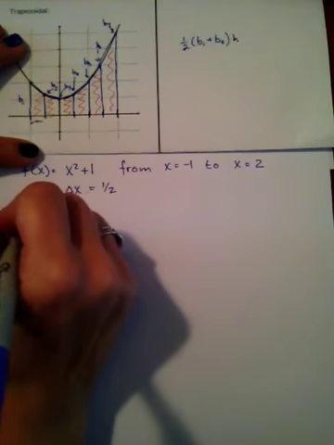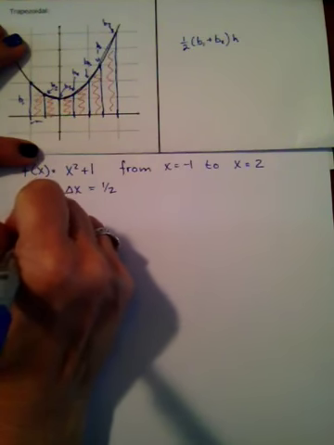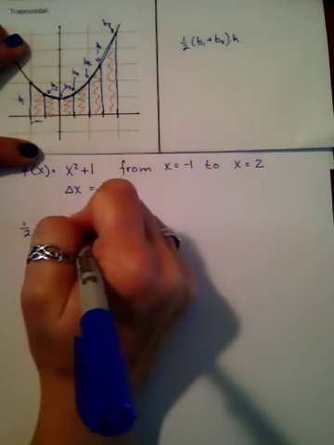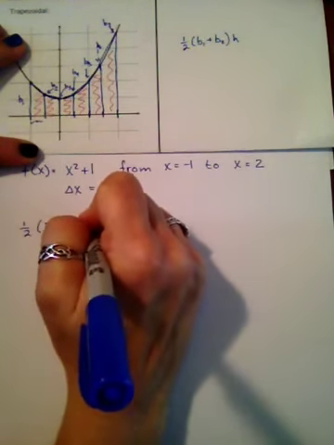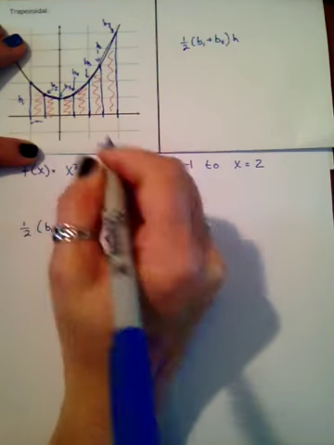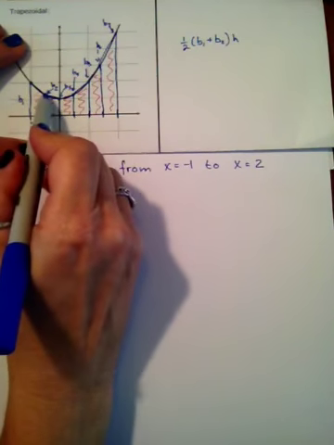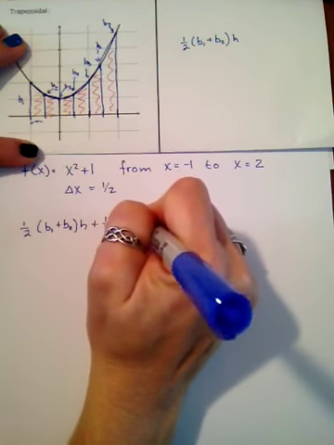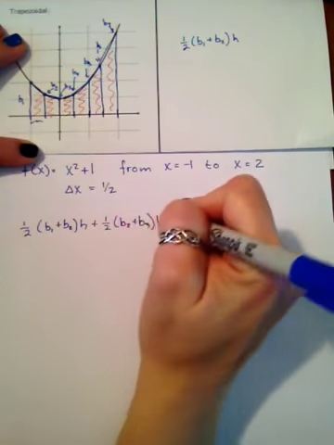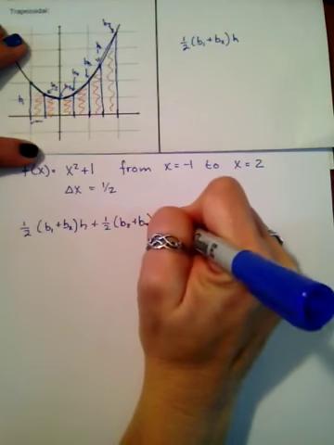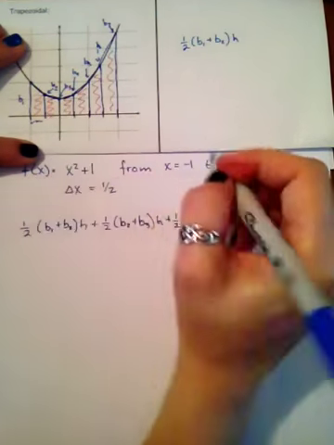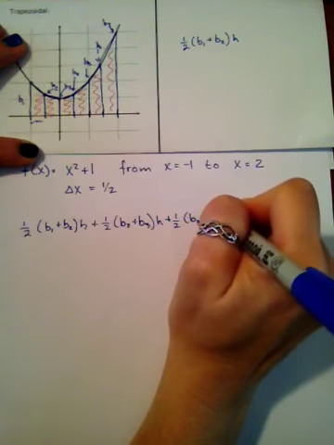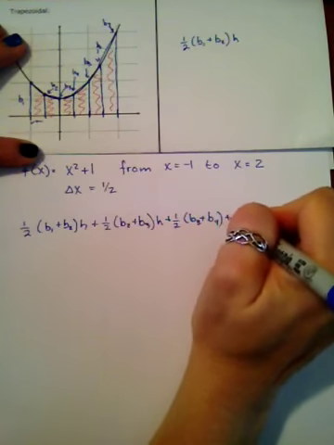So my first trapezoid would be 1/2 b sub 1 plus b sub 2 times the height. My second trapezoid would be 1/2, and you can see that it's bound on either side by b sub 2 and b sub 3, times the same height, plus 1/2. For my third trapezoid, I have b sub 3 plus b sub 4, plus 1/2.